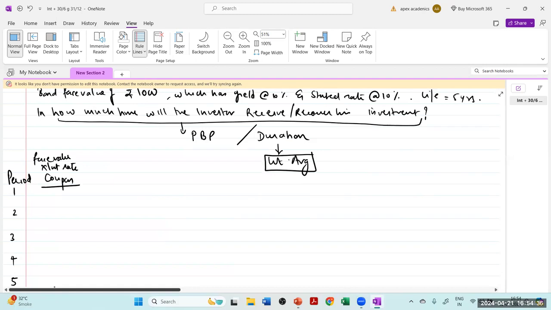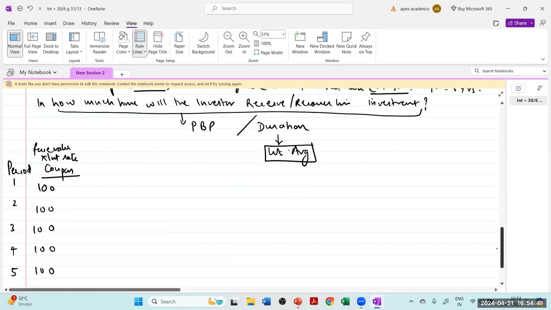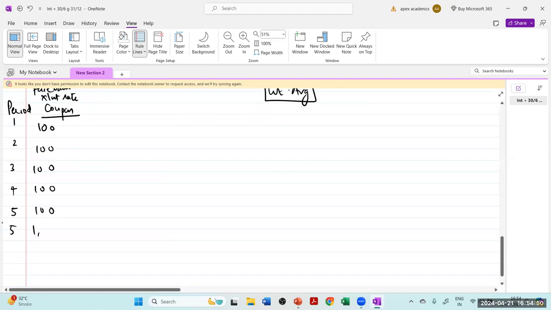Your face value is 1,000 and your coupon is 10%. Can I write interest as 100 for all the 5 years? Yes or no? But my dear friends, in the 5th year, the bond amount will also be returned. I hope you remember that bonds are a loan and the principal has to be returned. Agreed or disagreed? The present value is always done at KE, that is yield.